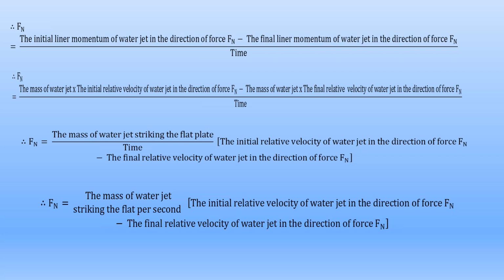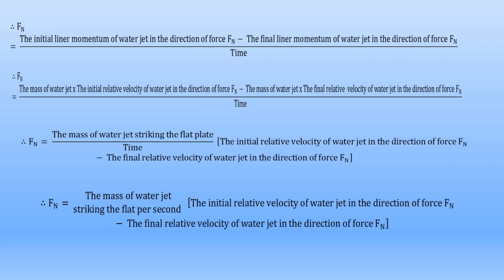Now in the numerator, take that mass of water jet common. Therefore, Fn is equal to the mass of water jet divided by time into the initial relative velocity of water jet in the direction of force Fn minus the final relative velocity of water jet in the direction of force Fn.